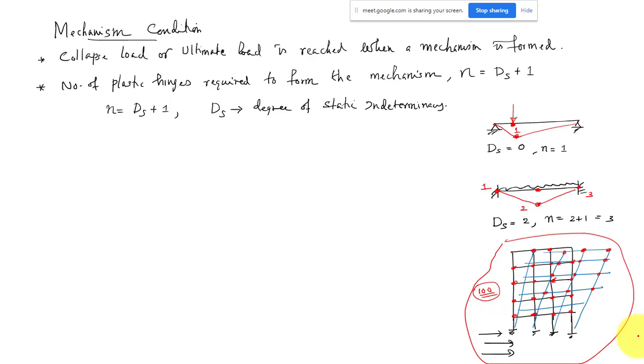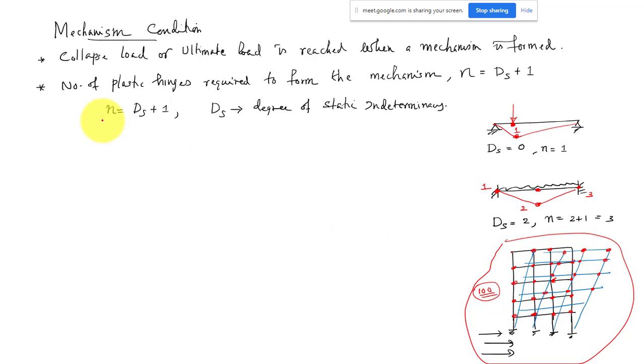Then your structure will collapse. Up to that point, it will be able to distribute the load to the other joints. That is an advantage because we have a lot of indeterminacy. So even though one or two joints have formed plastic hinges, it will still stand. It can take the load by distributing it to the other joints.